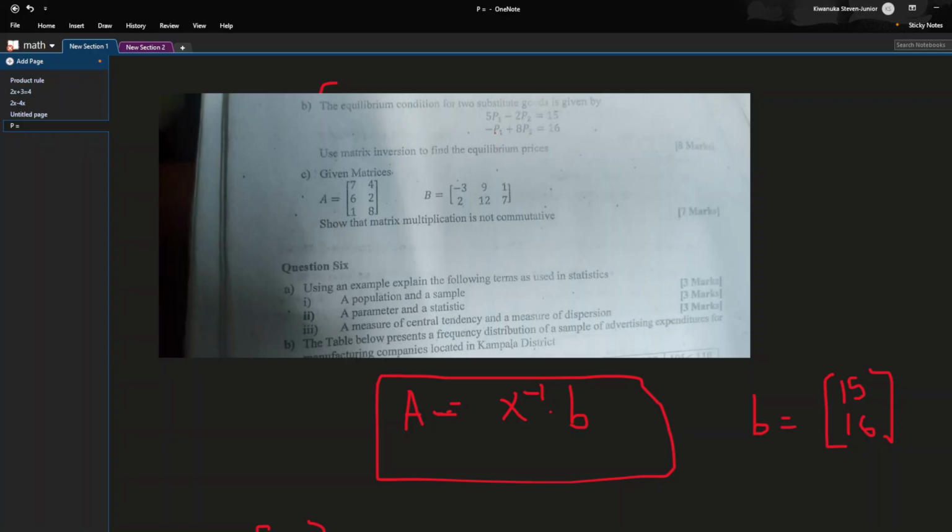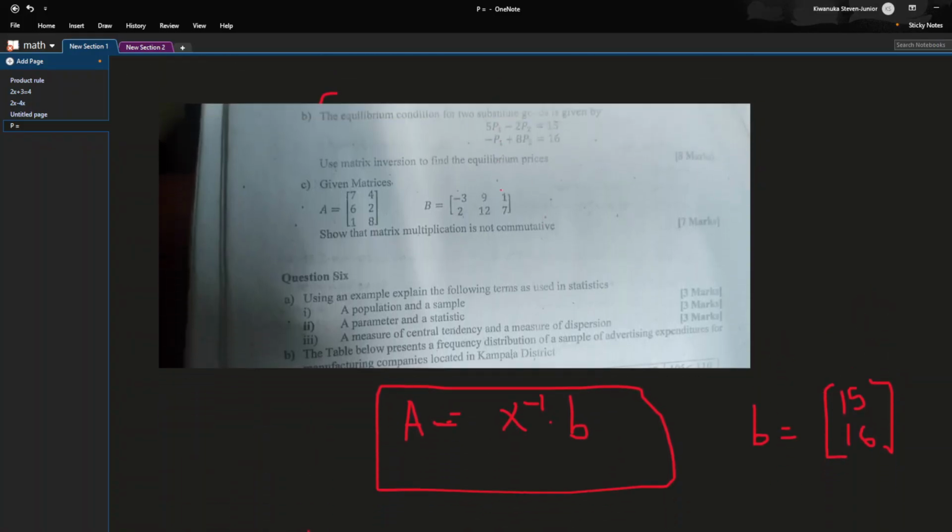In case they disorganize and start with P2, P1, make sure when you write them, they are organized like P1, P2. So in case this one was P1, it would come here as 8 P1 minus P2, in case this was P2. I hope you get that.